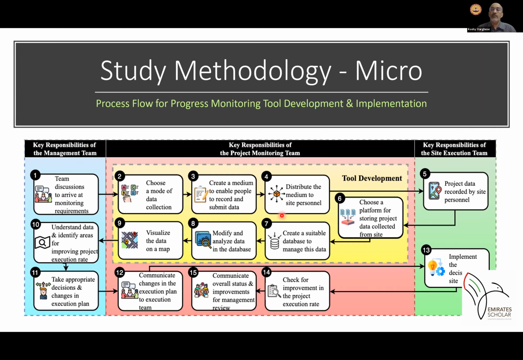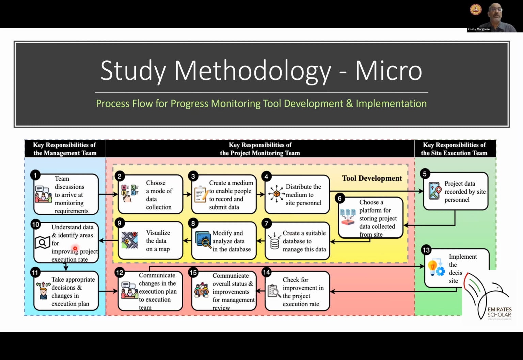So in addition to having certain program capabilities, the monitoring team actually does the tool development. They are also the interface between the execution team and the management team. So the monitoring team not only does the development of the tool, but all the data that comes from the execution team when the project is progressing goes through the monitoring team, which produces the reports for the management team.